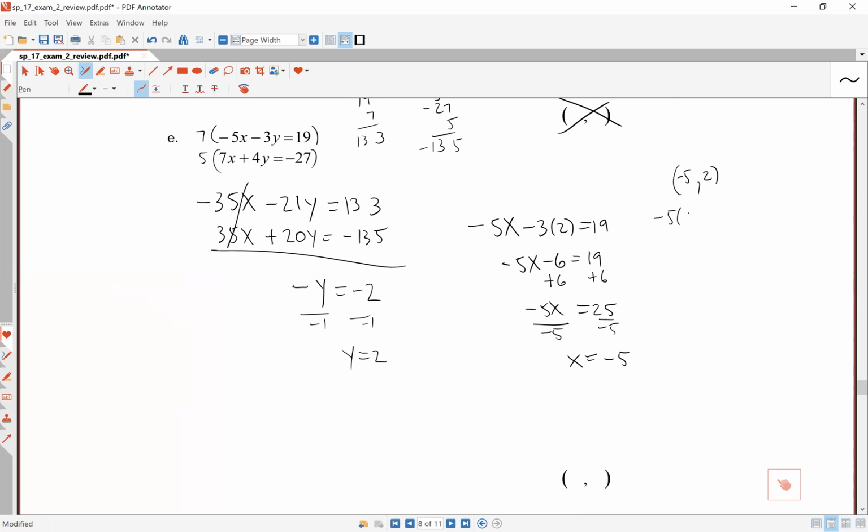Negative 5 times x minus 3 times y is positive 25 minus 6, which is 19. 7 times x plus 4 times y is negative 35 plus 8, which is negative 27. Now I'm sure that negative 5, 2 is our solution.